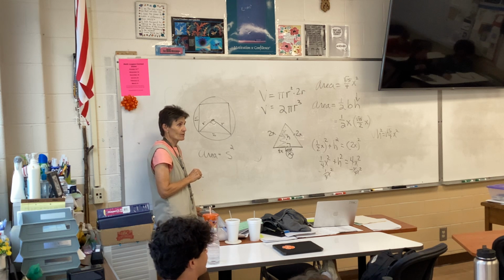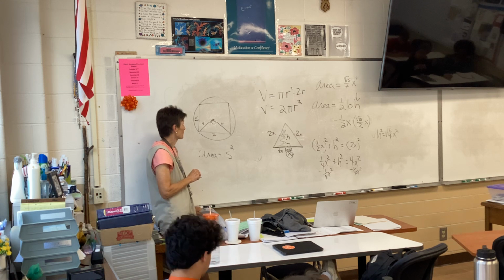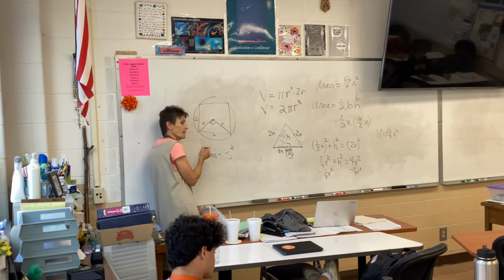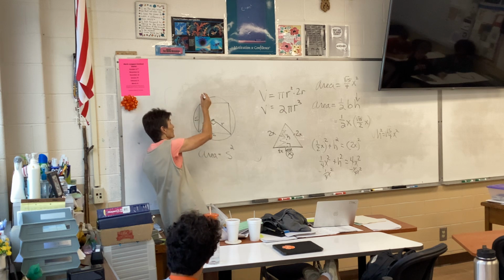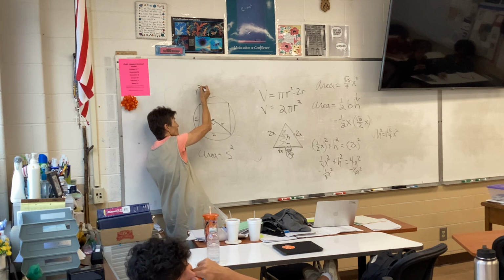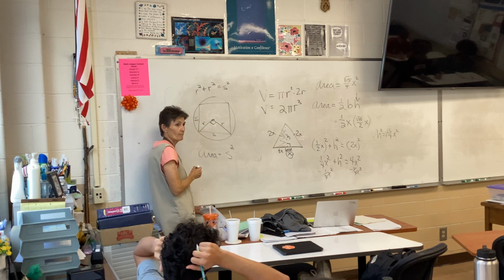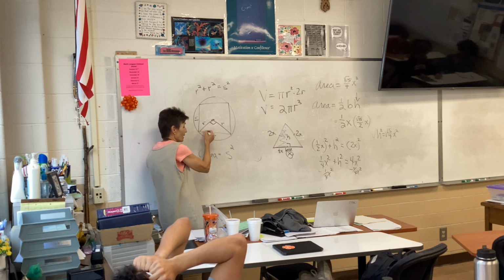The diagonals of the square are perpendicular. So do you see an equation in there? That's a right triangle. What equation do you see? R squared plus R squared equals S squared. Yep, this is a right triangle right here.